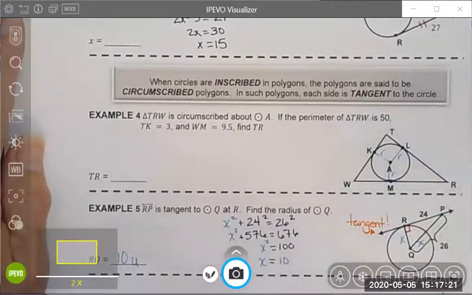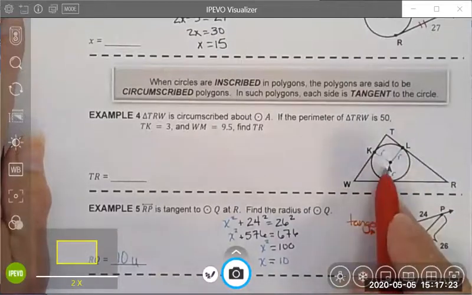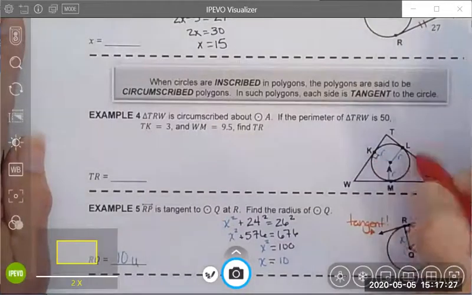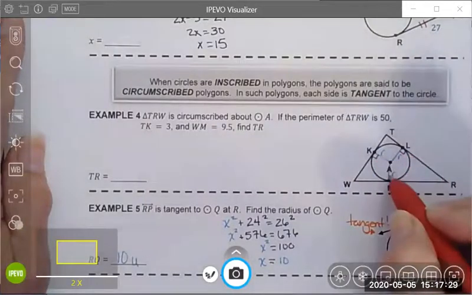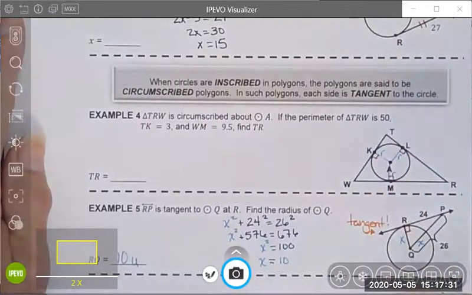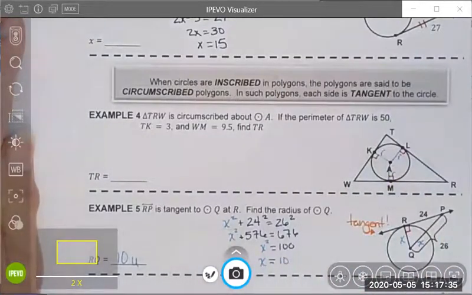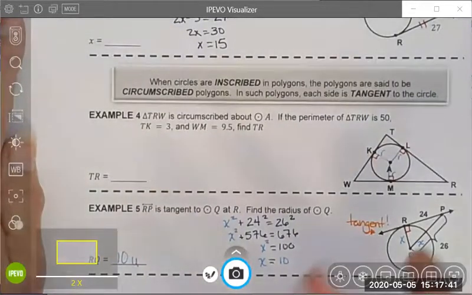And this theorem is saying that because this circle is inscribed in the triangle, these are all tangent lines. The sides of the polygons make tangent lines, which means the radius of the circle is perpendicular to each of the tangent lines. That's handy because we know a couple of different things.